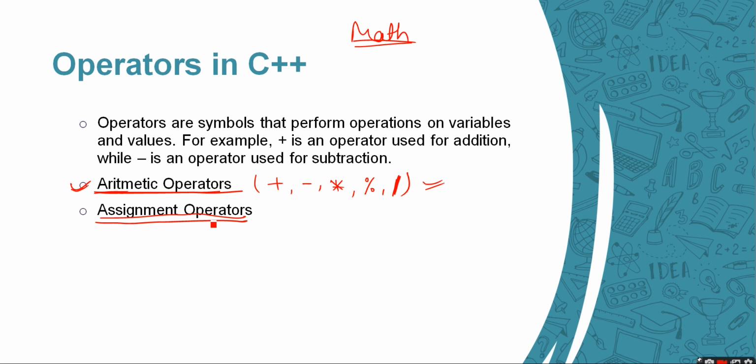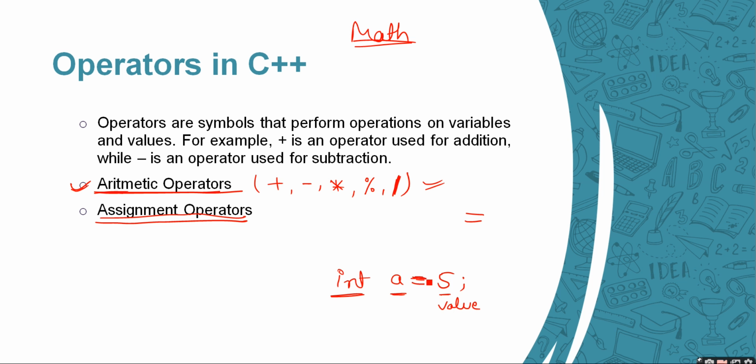What is an assignment operator? Have you noticed this equal sign? Whenever we declare some variable, let's say int a is equal to 5, this is the data type, this is the variable name, and this is the value we want to assign.